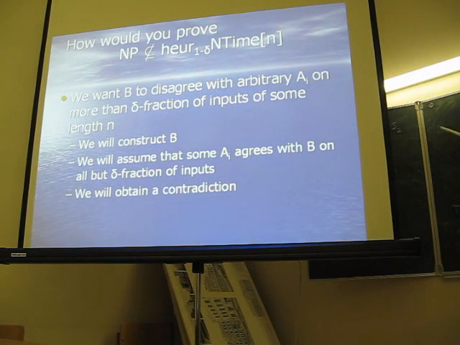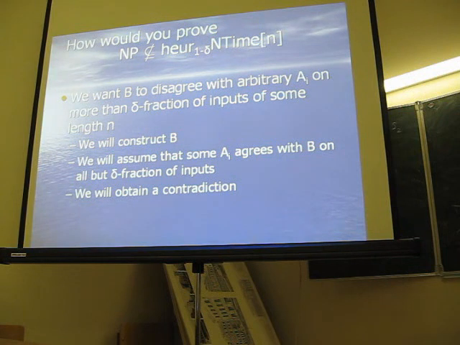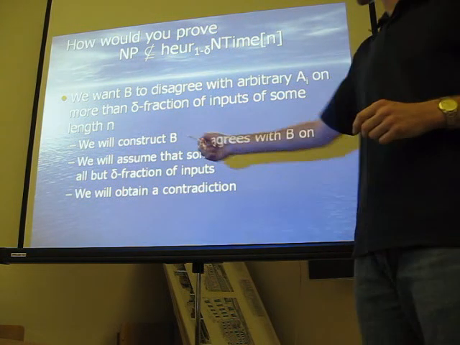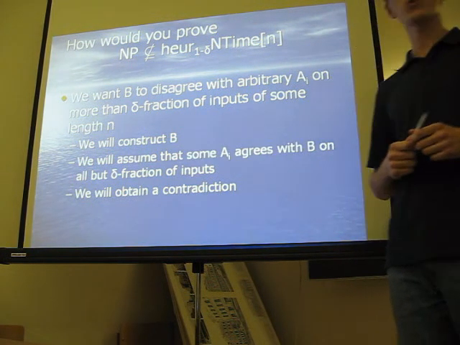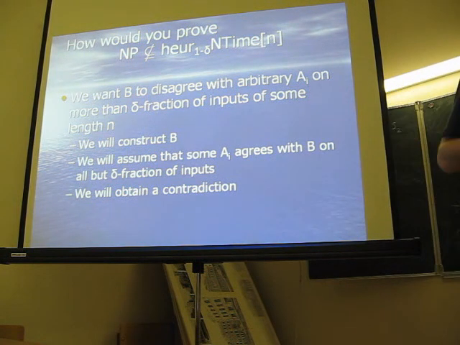Not just on one input, but on delta fraction of inputs of some length. In order to do this, we'll construct B, then we will assume that some A agrees with B on 1 minus delta fraction of inputs of every length, and then we will derive a contradiction.